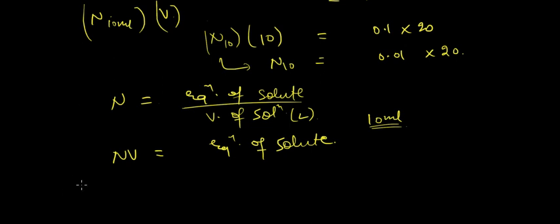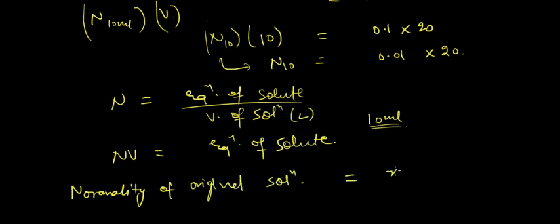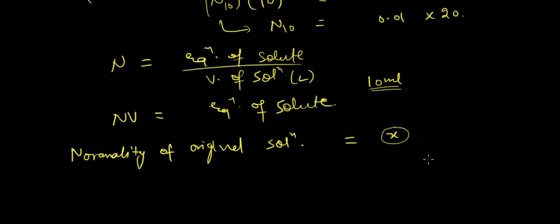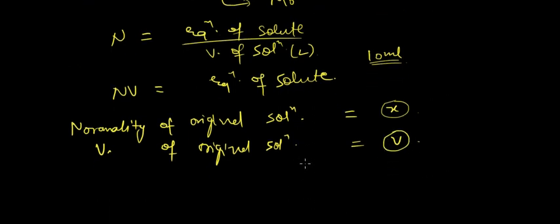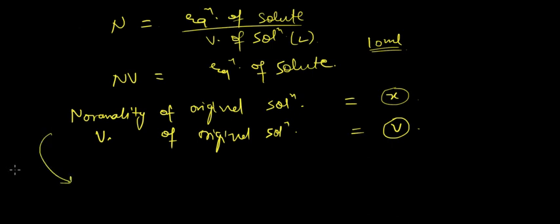So let's say the normality of the original solution be X, and the volume of the original solution, that was V. So now, on dilution, what will happen is the volume of the new solution would become 20V.